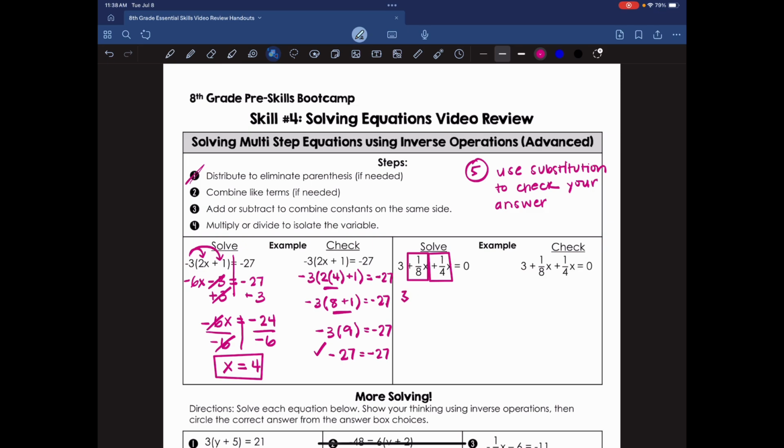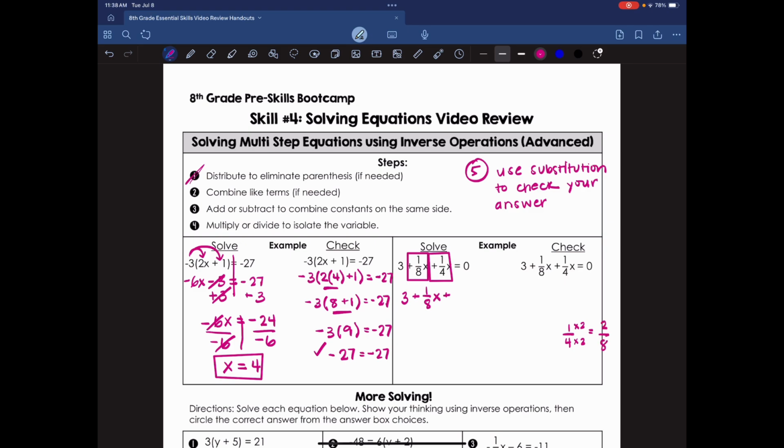So I'm going to go ahead and rewrite the stuff that I'm going to bring down, which is the 3 plus the 1/8 x. Now, 1/4, if I want to make that a common denominator of 8, I need to multiply it by 2 in the denominator and by 2 in the numerator. So 1/4 really turns into 2/8.